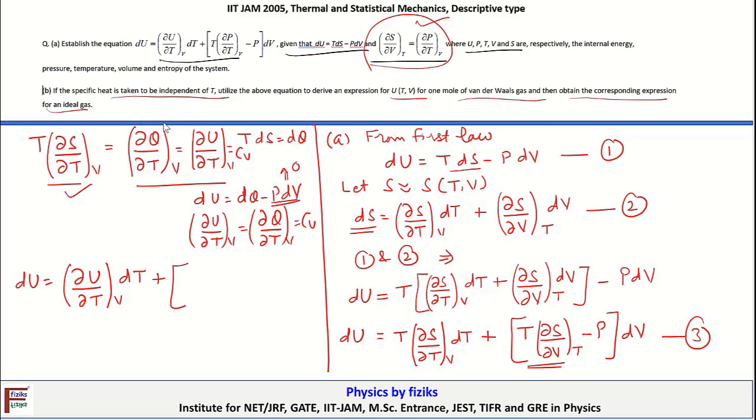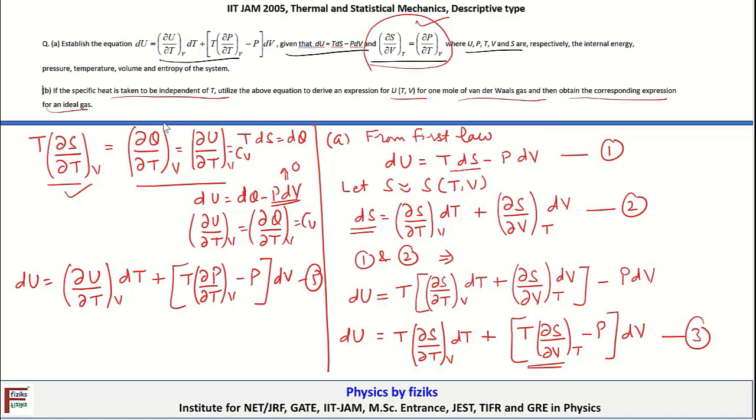So dS by dV we will replace with dP by dT. Plus T dP by dT at constant volume minus P, and then multiplied by dV. Let's call this equation 5.